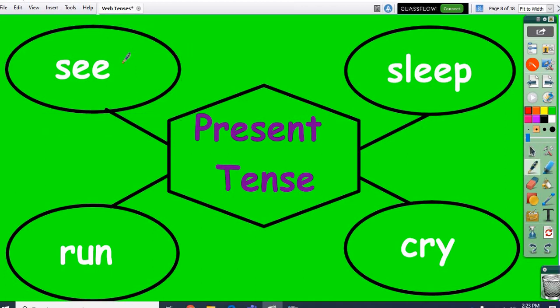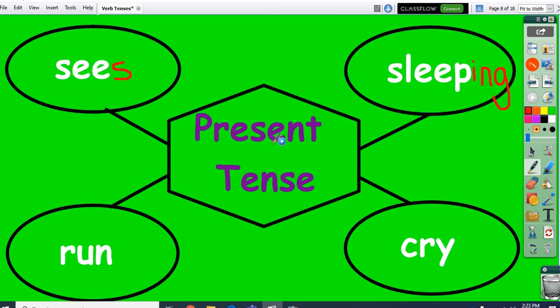You can add an s sometimes to make it present too, like the boy sees a bird. Sometimes you can also add ing. The baby is sleeping right now. So they can stay the same with nothing being added, or you can add an s or an ing sometimes in present tense.